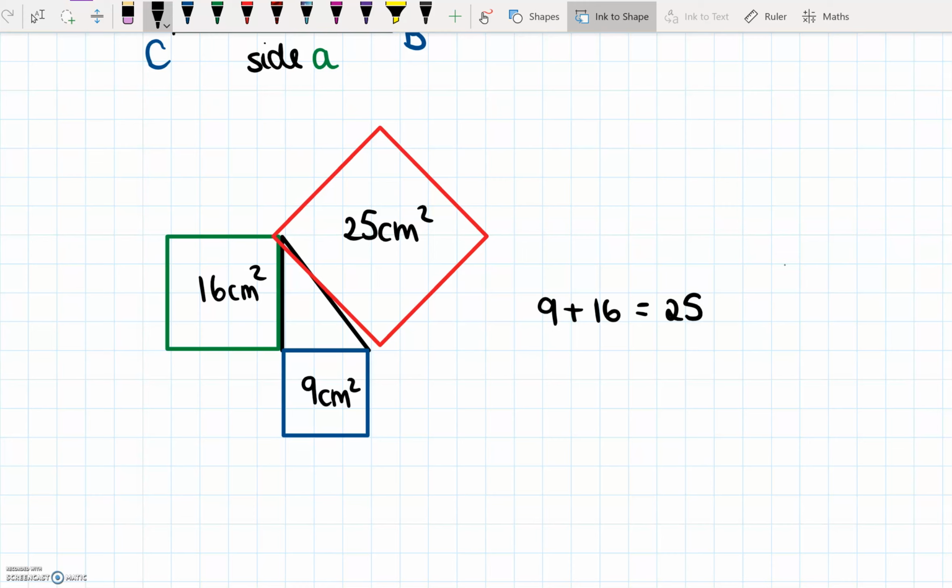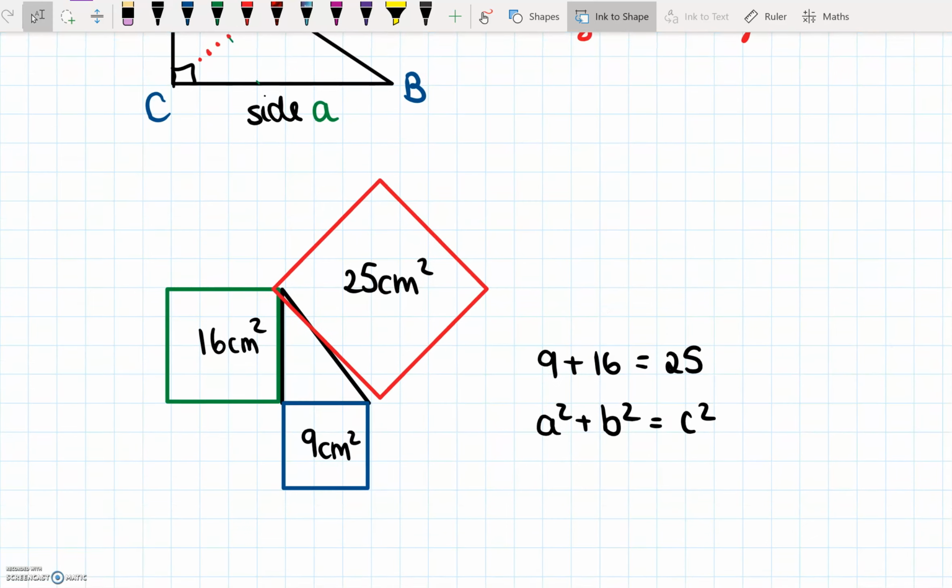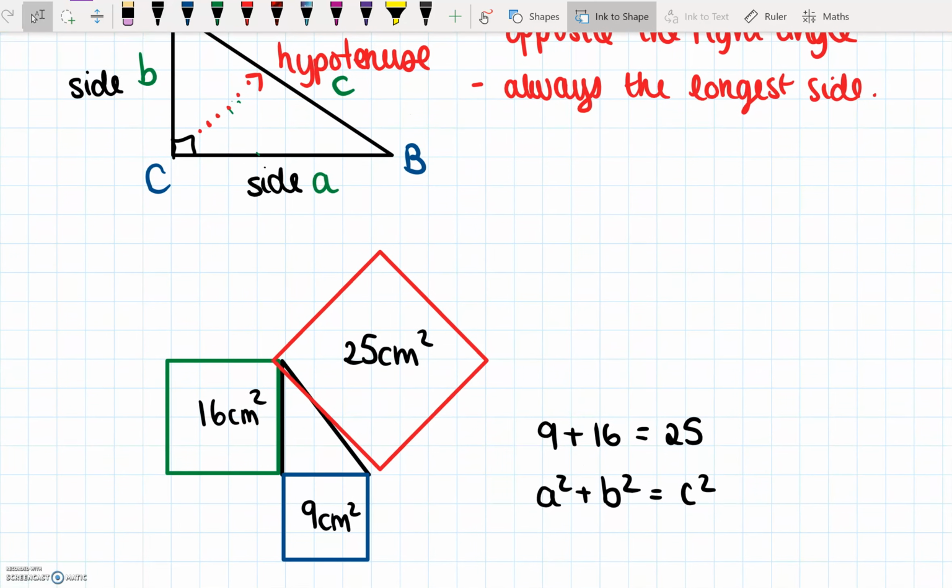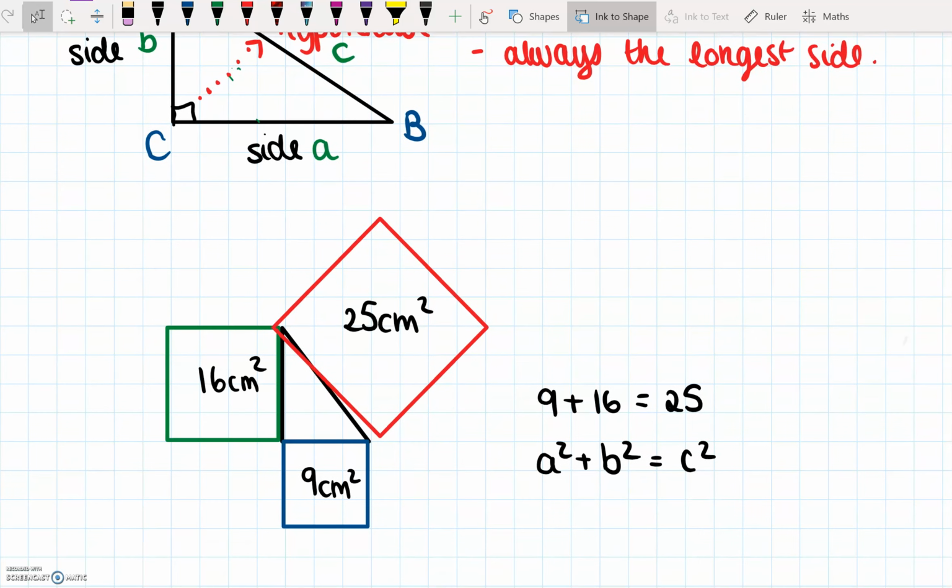Okay, now this is Pythagoras' theorem. We have a squared plus b squared is equal to c squared. So if you square side A and then you square side B and you add them together, they will add up to the hypotenuse squared.